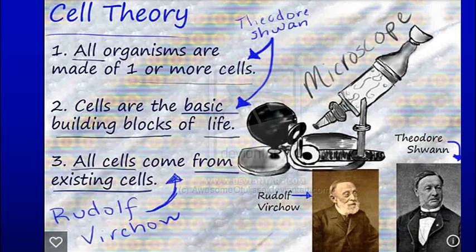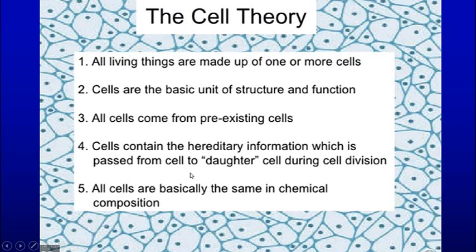And that brought us to the cell theory. All organisms are made up of one or more cells. Cells are the basic building block of life. And the third thing: all cells come from existing cells. So these two gentlemen added to what Hooke saw as cells, and then they added to the observation about characteristics of the cells, and that brought us to the cell theory.